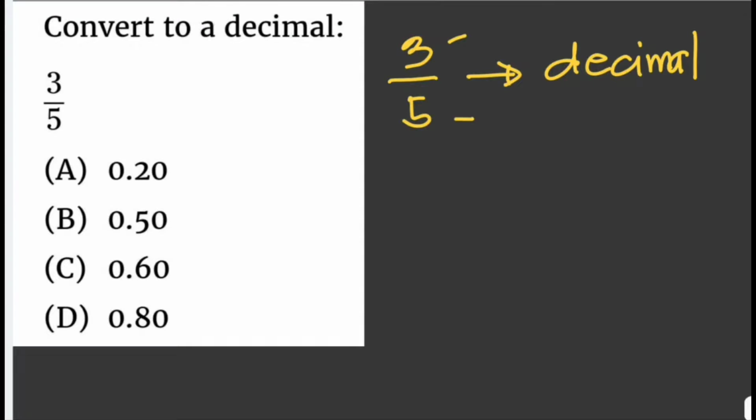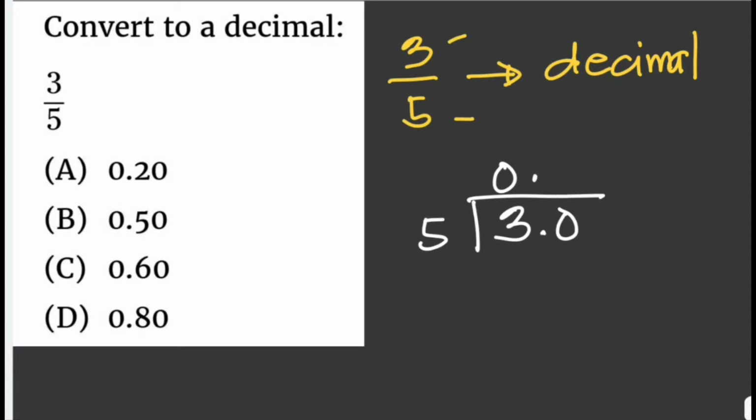So we can use long division here. So we divide 3 by 5. 3 divided by 5 cannot be, so that is 0. We can add 0, but we use a decimal point.